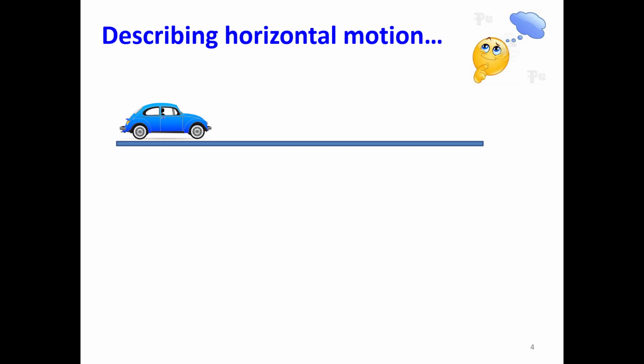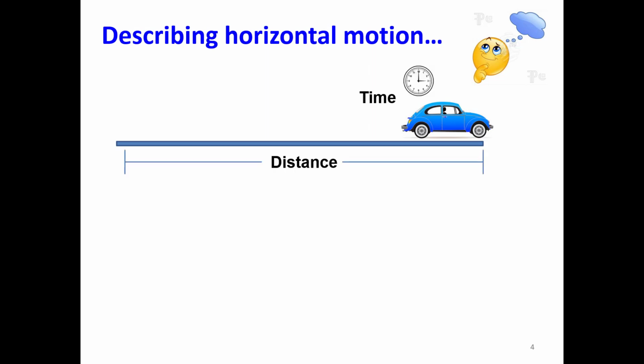Let's try to describe the motion of this car. This car is moving in the horizontal direction. We can describe its motion if we know the distance the car moves, and how long the car takes to move from this point to this point.